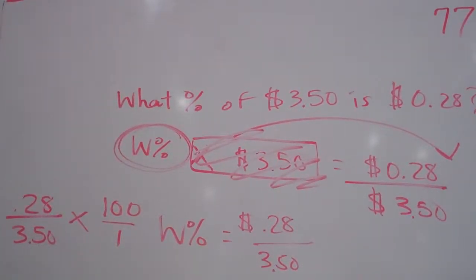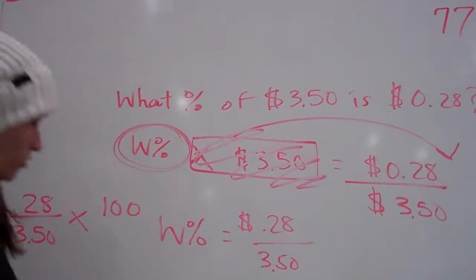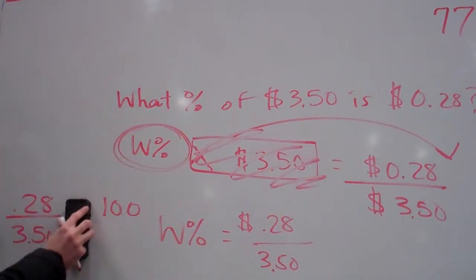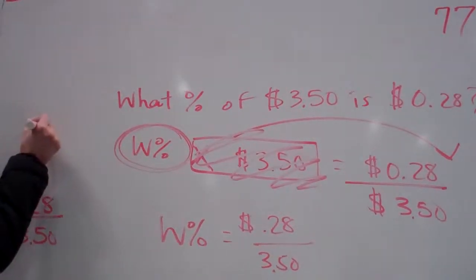What do y'all think we're going to have to do? Move the decimal. This is going to be one of those times where we have to do the dividing first and then multiply by 100. That doesn't happen all the time, but because this is decimals and 100 is a whole number that you have to put over 1, this is one of those times where we will have to.